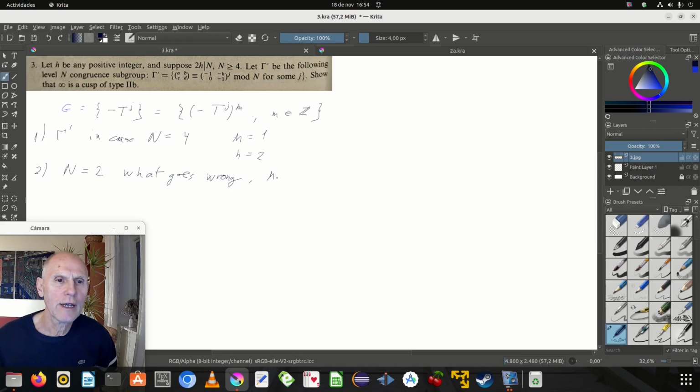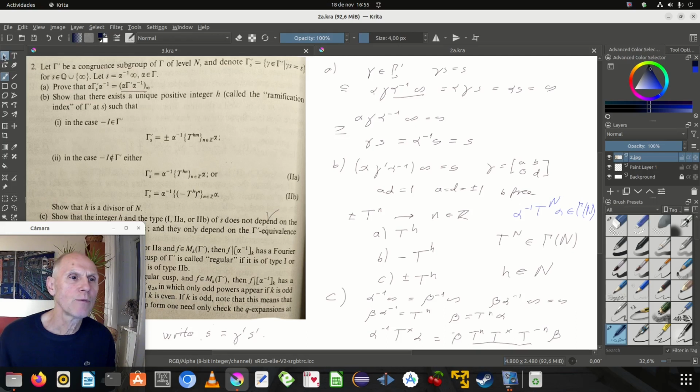If n is 2, then h is unity. So gamma mark equals those that are equivalent to minus t, the matrix is equivalent to minus t to the nth modulo 2, but this is of course the same as t, it's equivalent to t modulo 2, so it's not case, it's actually the first case we are dealing with here.